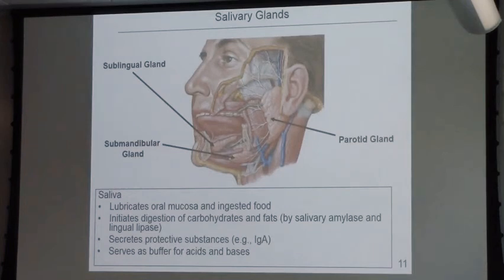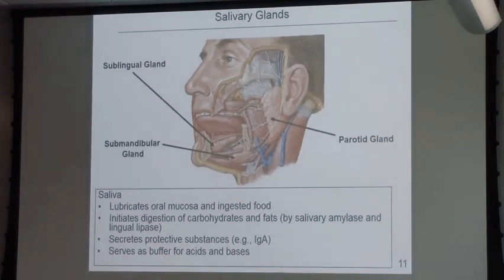And there's more about what it does. Lubricates, mixes mucus, amylase. There is a lipase also, a lingual lipase. So there's amylase for digestion of starch, and there's a lipase that's starting the ball rolling for the digestion of fat.